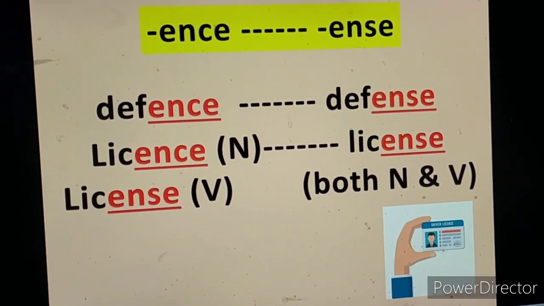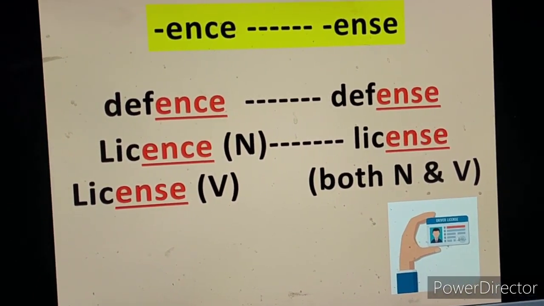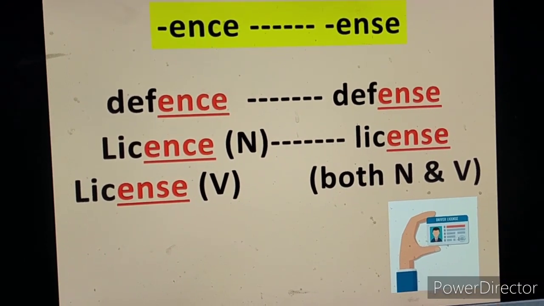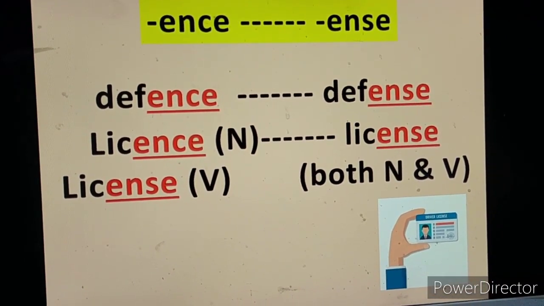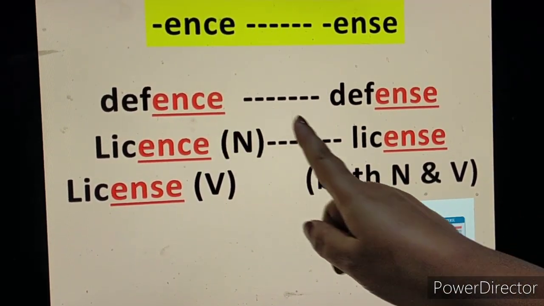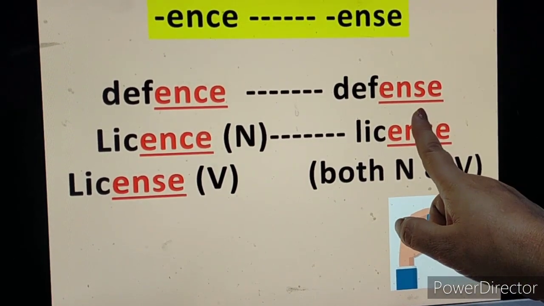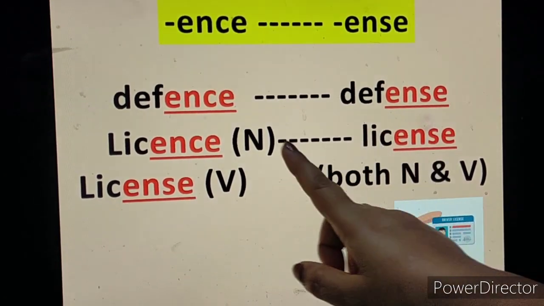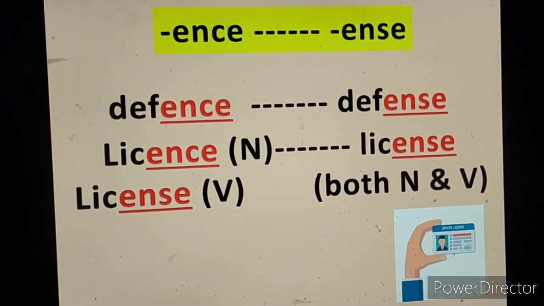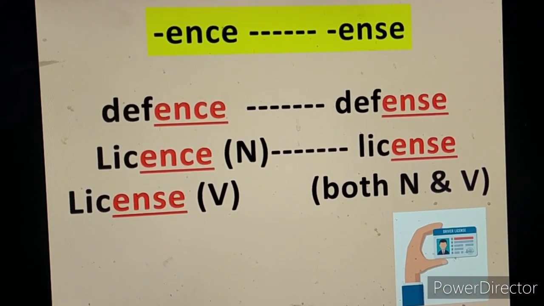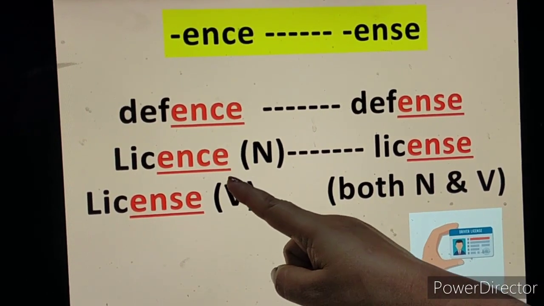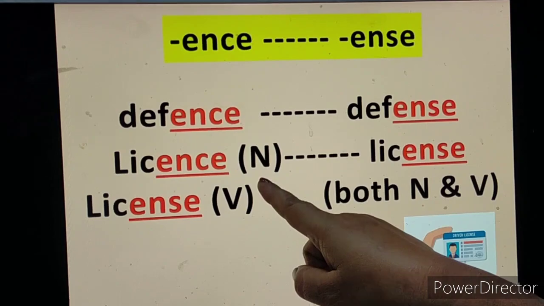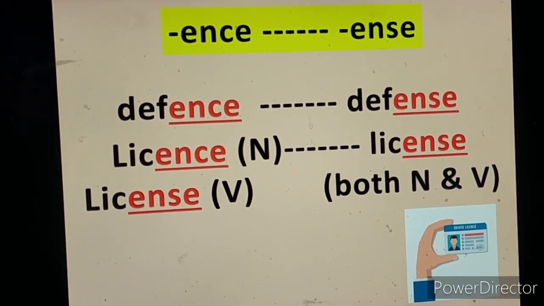Okay. Another one, this is another very interesting one, where we have the British English E-N-C-E becoming E-N-S-E. The word defence, C becomes defense in American with the S. Now the word license, however, it's very confusing. Why? Because in British English, we use the word licence when we are talking about it as a noun.